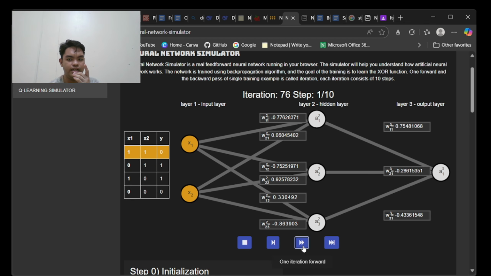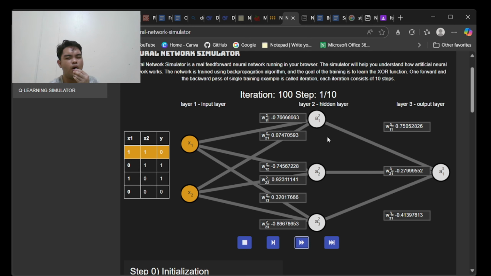Notice how the statistics update in real time. Here, the current iteration count, and as you can see, it's almost 100. There, now the iteration is 100.